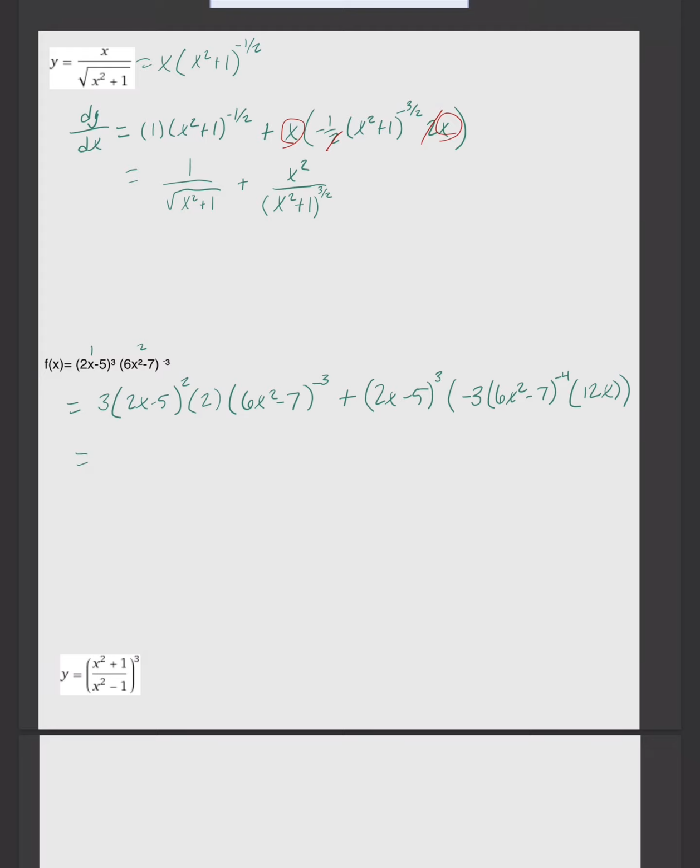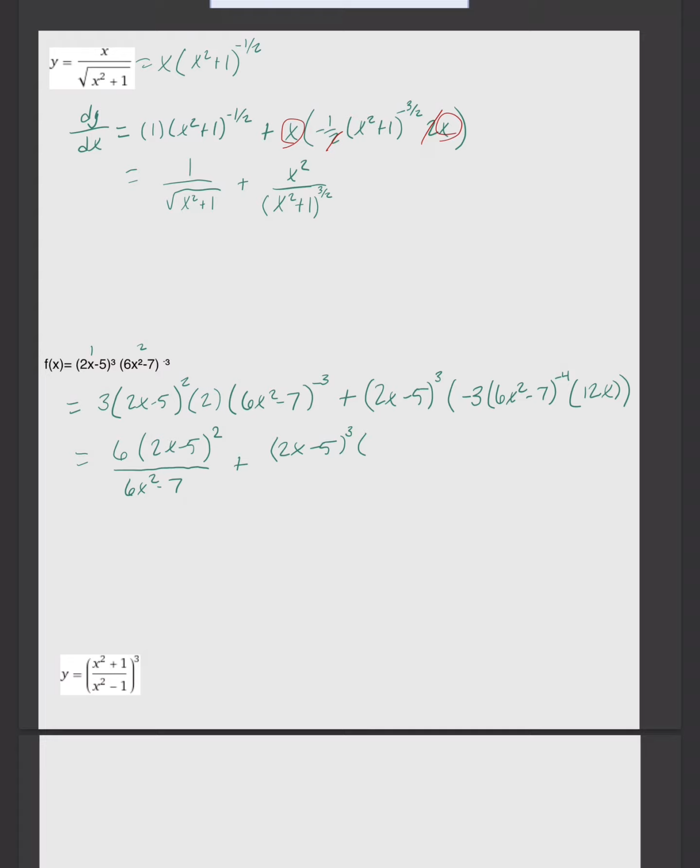Alright, now there's a lot of simplification, so we can multiply that 3 and 2 together and multiply by 2x minus 5 squared all over, we can take that negative third power to our denominator. And now on our right side, we still have 2x minus 5 cubed, and we can multiply it by what?